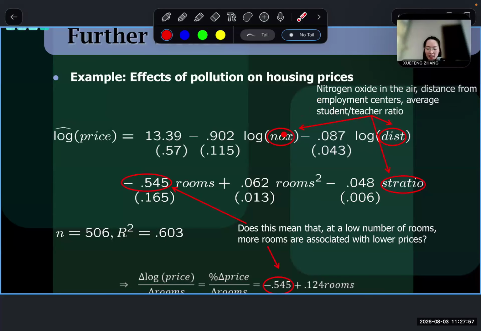Here, NOx is the air pollution. Dist is the distance to jobs. Rooms means number of rooms. And this one, ST ratio, is the student-teacher ratio, okay? So I explained every variable here.